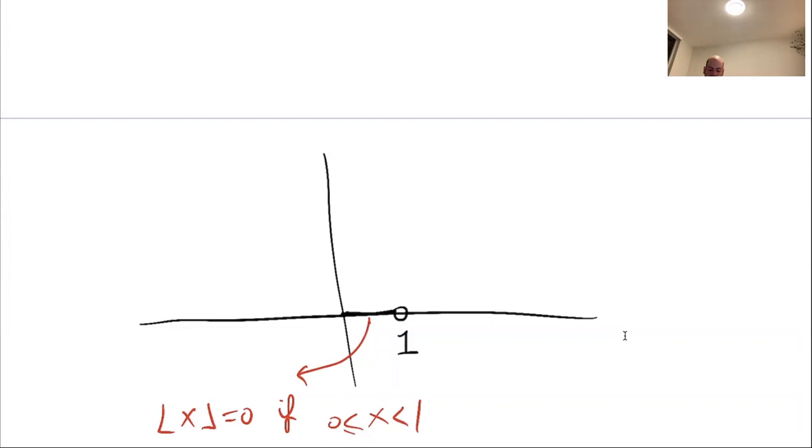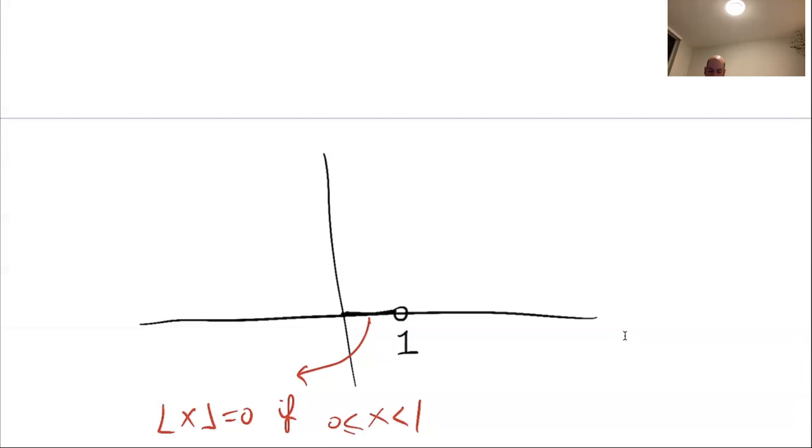For real numbers x, which are between 0 and 1, for example, 0.1, 0.2, 0.3, 0.9, for those real numbers, the floor is 0, the output is 0. Y equals 0 means x-axis, right? So on this part of x-axis between 0 and 1, the y value is also 0.